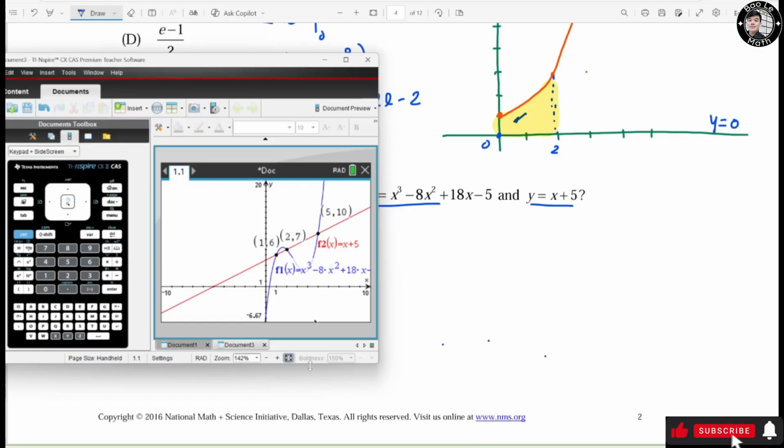So we have 3 intervals, right? From 1 to 2, the cubic function is above the linear function. But from 2 to 5, the cubic function is below the linear function.